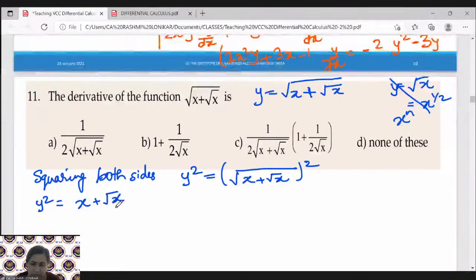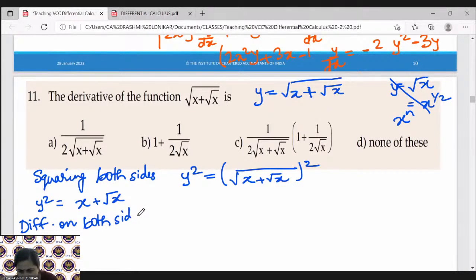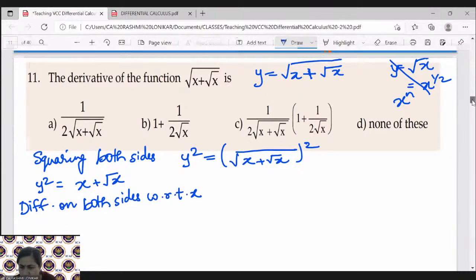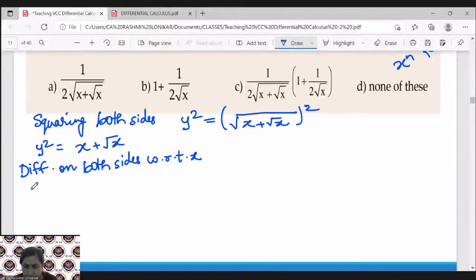Okay, now I differentiate on both sides with respect to x. What will I get? What will be the derivative of y square?